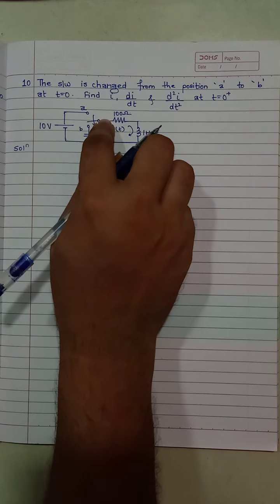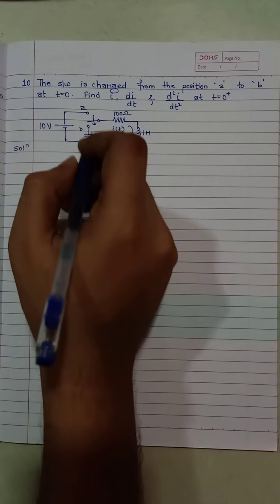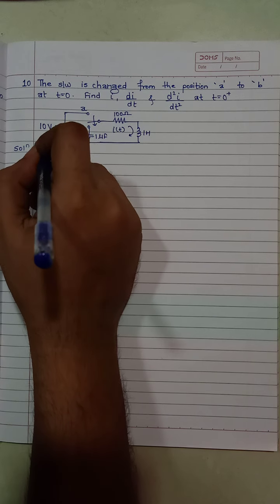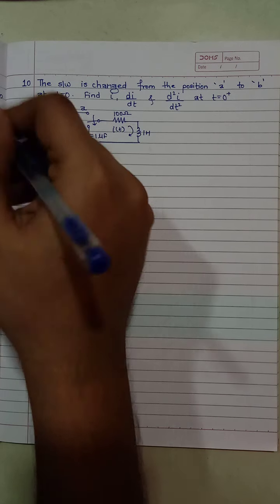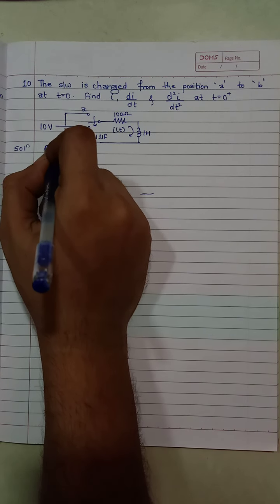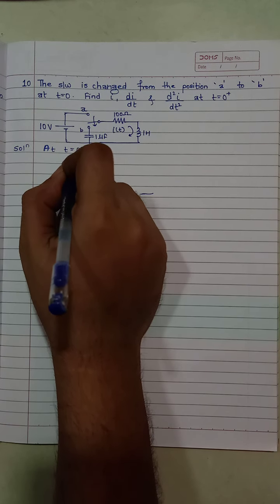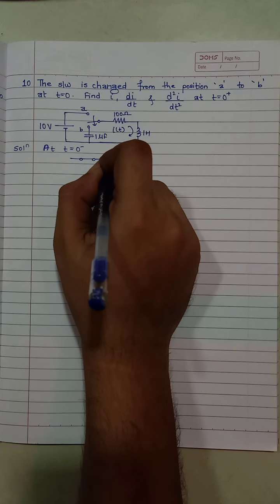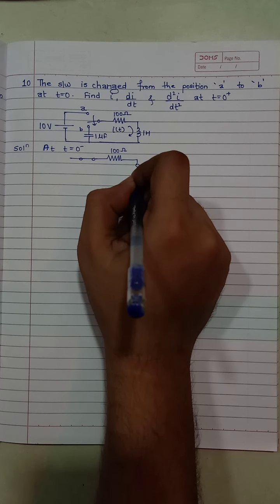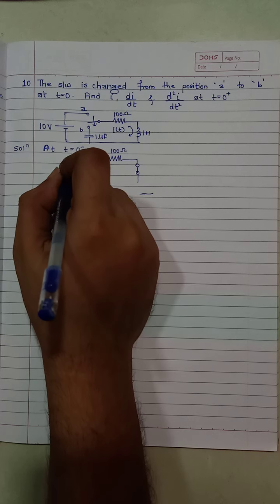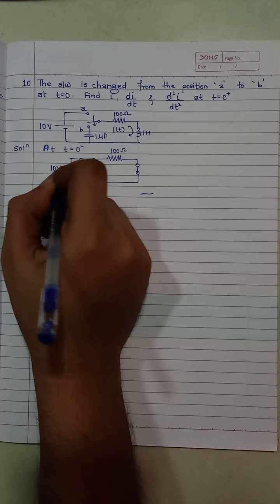So initially at t is equal to 0 minus, the switch is at position A. So the circuit will be 100 ohms, 10 volts.